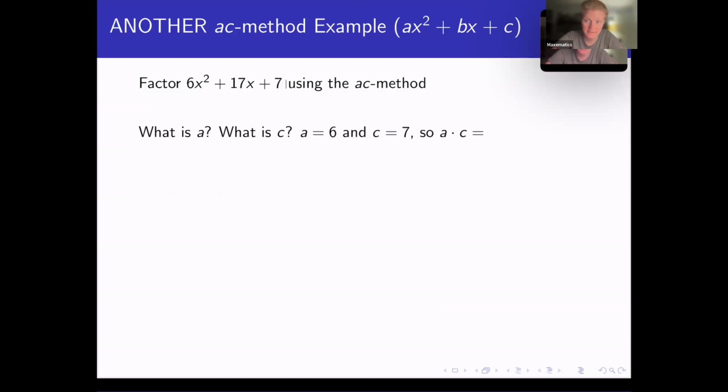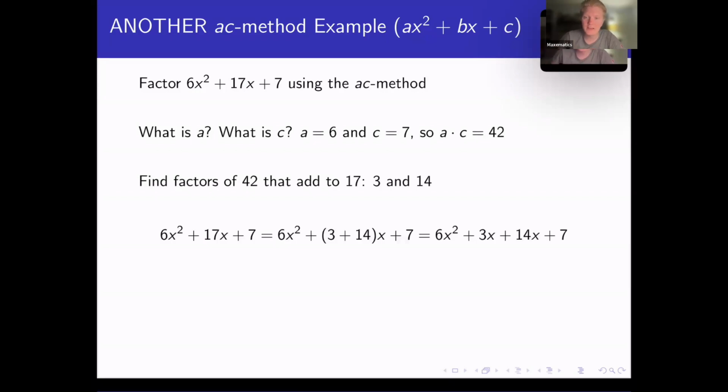So A times C, 6 times 7 is 42. And now we're looking for factors of 42 that add to B, that add to 17. Okay, well, those two factors would be 3 and 14. So that means 17x is 3x plus 14x, or likewise 14x plus 3x.